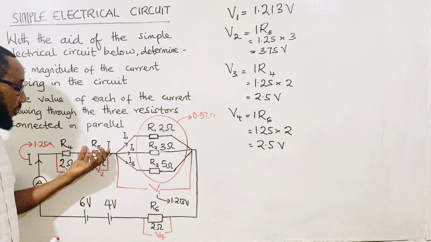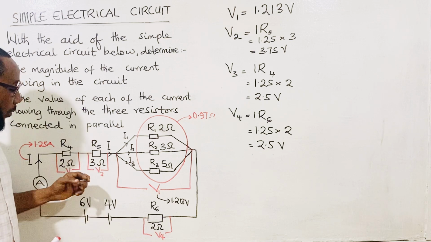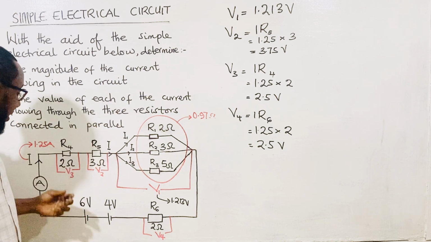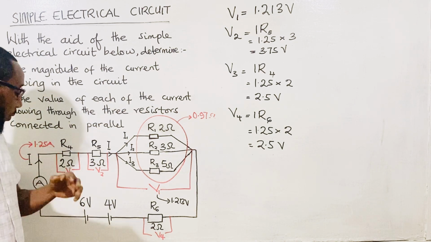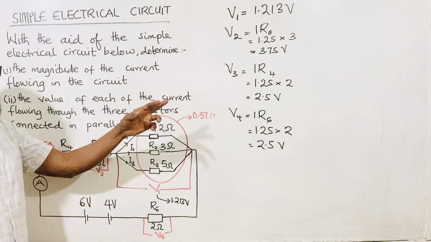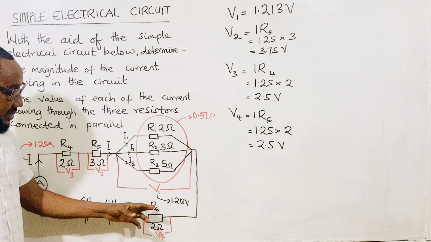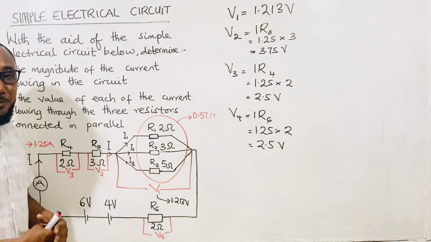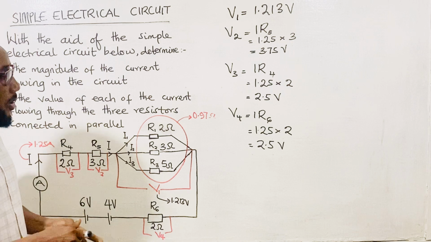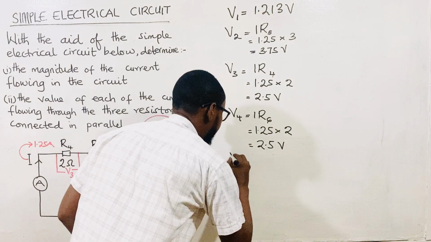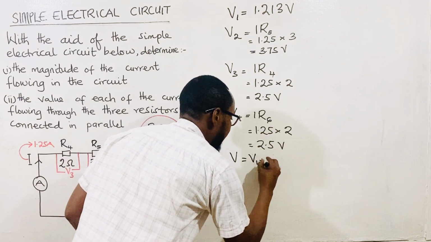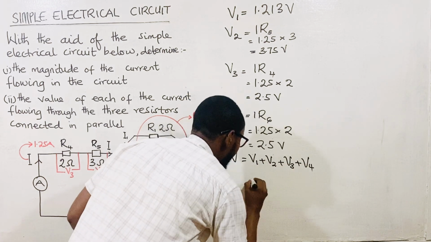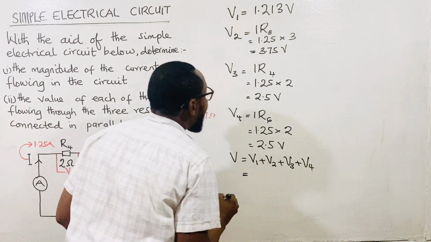So resistor 5 has got a potential difference of V2, which is equal to 3.75. Resistor 4 has got a potential difference V3, which is equal to 2.5 volts. And then resistor 6 has got a potential difference V4, which is equal to 2.5 volts. So the sum of all my potential differences V is equal to V1 plus V2 plus V3 plus V4. So what does this give me?